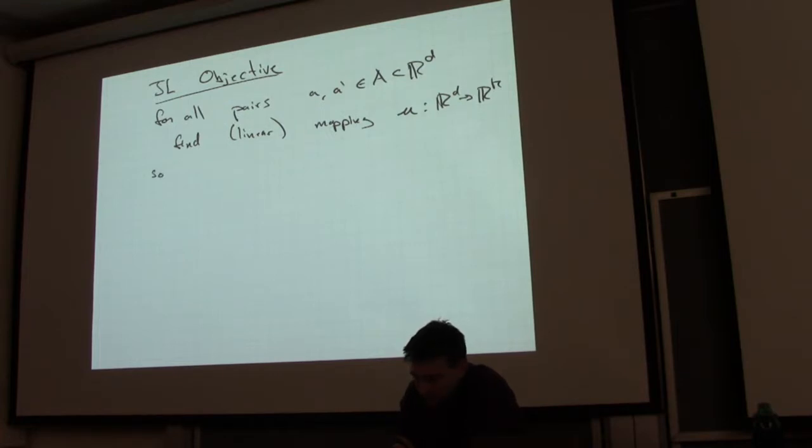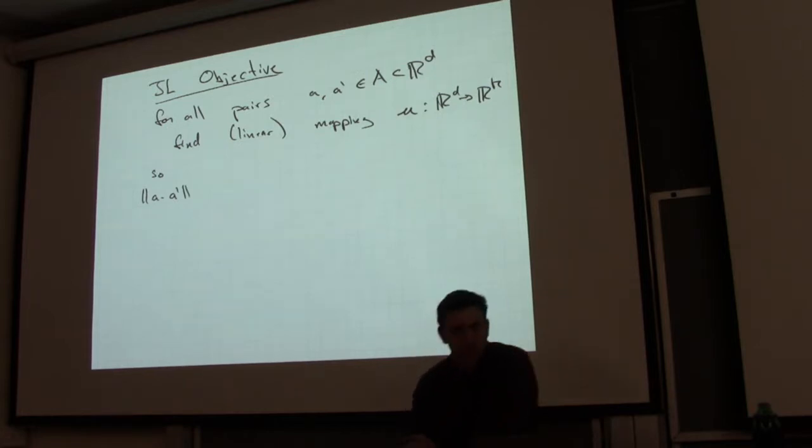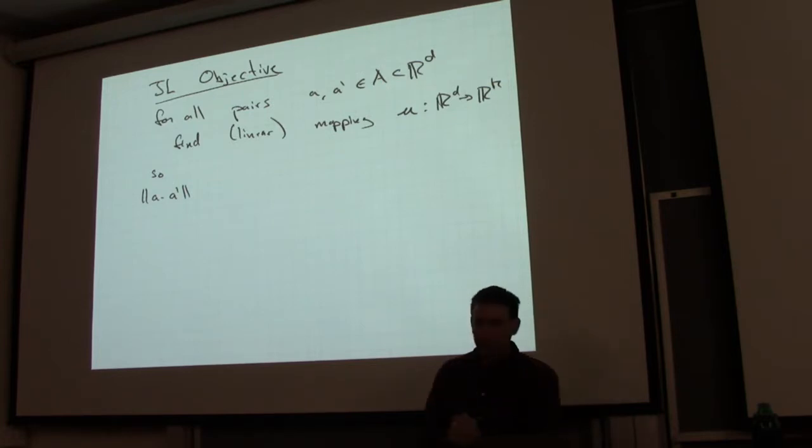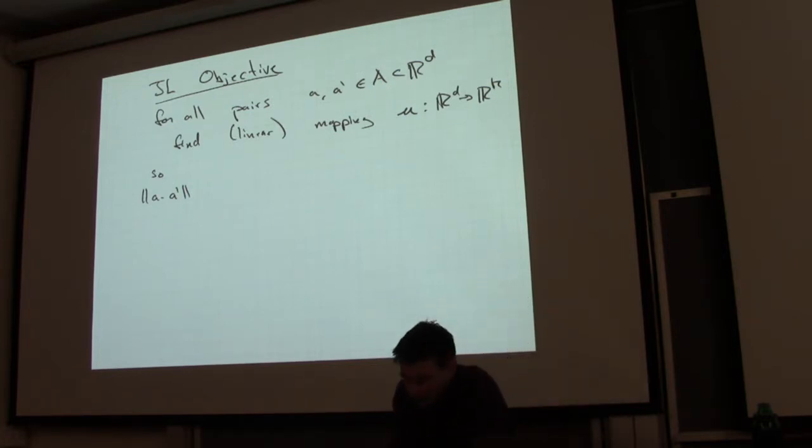So we're going to say property, let's see, if I want to look at this distance between A and A prime, and this is just going to be this straight line Euclidean distance. So this is the original distance. I want to say that if I shrink this by a little bit, that this will always be less than the mapped distance, and the mapped distance will also not be too much greater than the original distance.